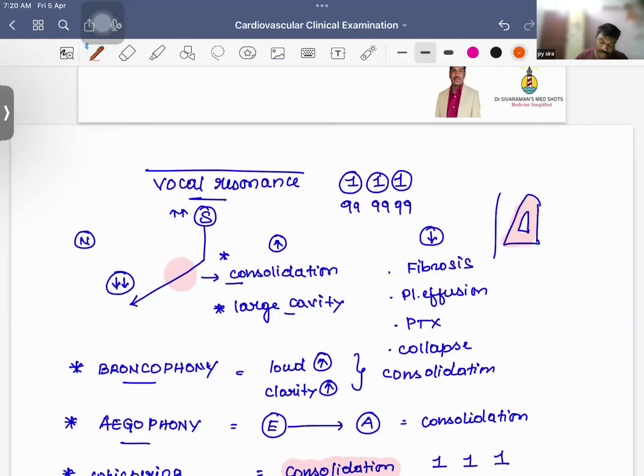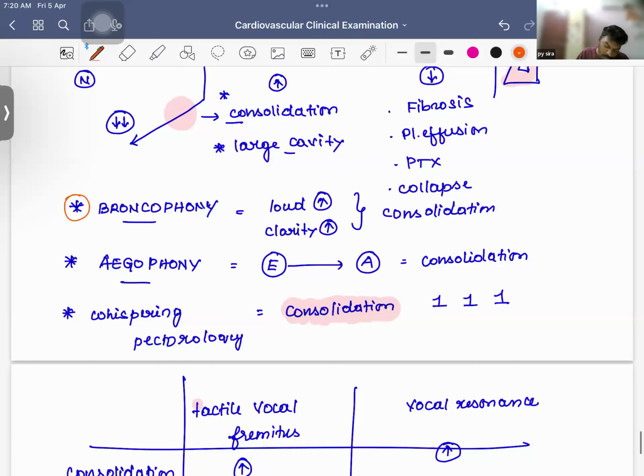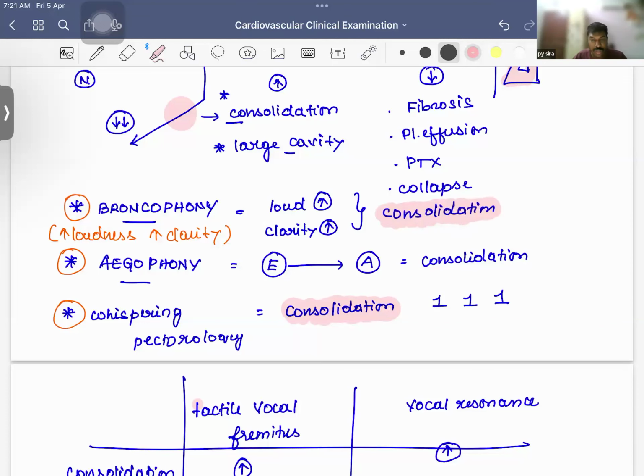In vocal resonance, you are going to see bronchophony, egophony, and whispering pectoriloquy. Bronchophony is where there is an increase in loudness and an increase in clarity when you auscultate the patient. It is usually seen in consolidation.